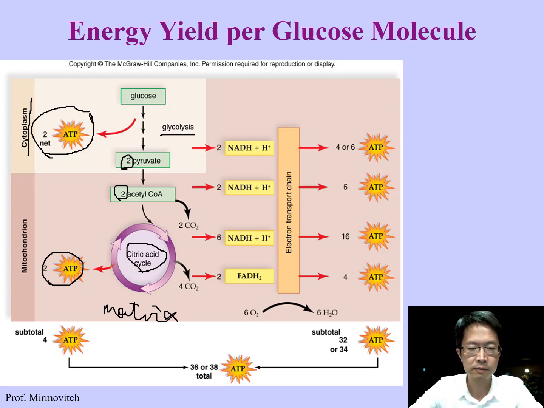Is that clear? Okay, again, pyruvate is a 3-carbon molecule. The acetyl group in the acetyl-CoA is a 2-carbon molecule. 3 carbon minus 2 carbon, you have 1 carbon. Where is the 1 carbon? The 1 carbon becomes carbon dioxide. How come it is 2 carbon dioxide instead of 1 carbon dioxide? Because we have 2 acetyl-CoA.